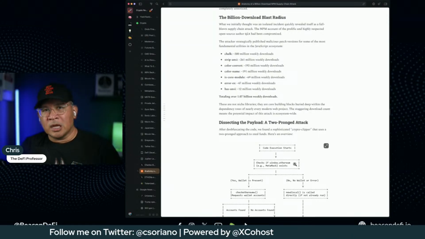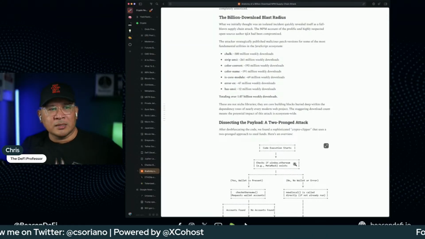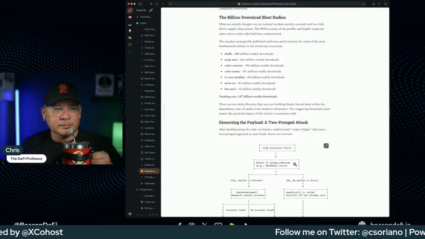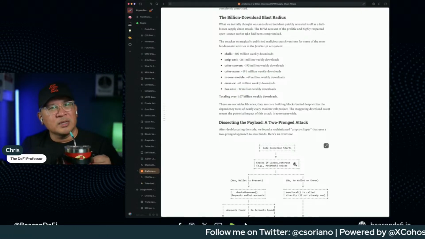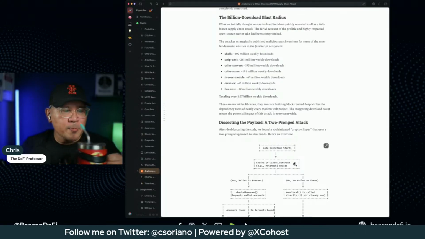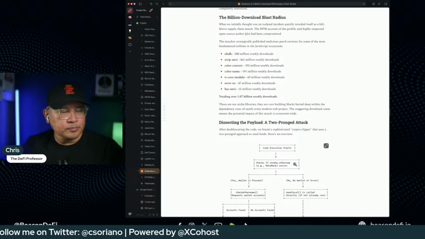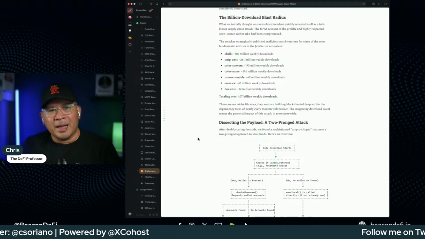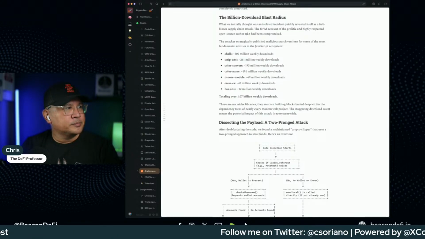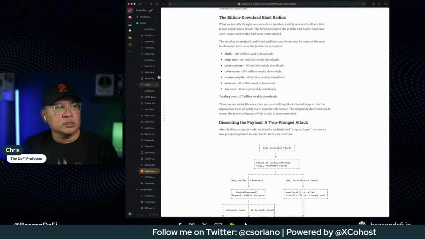So if you're using Solana, if you're using another blockchain that doesn't use Ethereum, I would still have a little bit of caution just to be safe. This will get patched, and then it'll just be a matter of how quickly people take note of this.